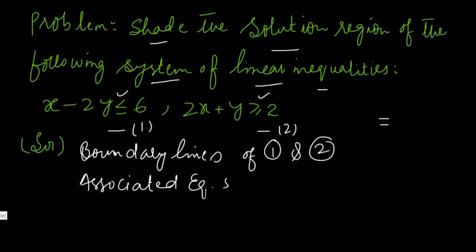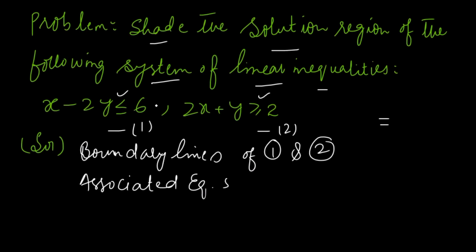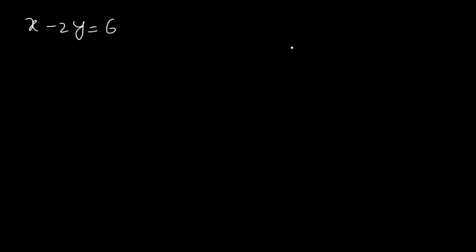So the associated or boundary lines of 1 and 2 are: x minus 2y is equal to 6, this is the boundary line of 1. In a similar way, we can find the boundary line of 2, that is 2x plus y is equal to 2.